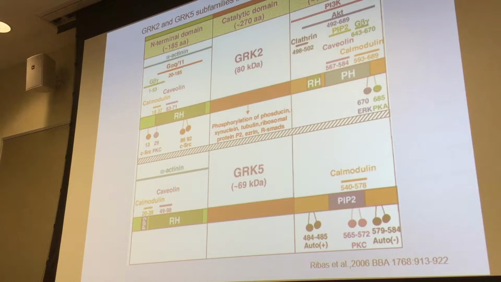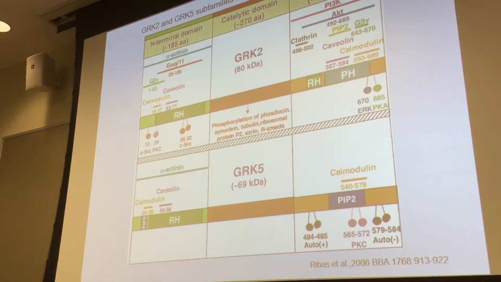So this pretty much lists and compares our GERC2 with the next GERC we're going to look at, which is GERC5. But if we look a little bit here at the domains that are found in the GERCs, we've got a catalytic domain, which constitutes most of the middle. And then we've got the regulation at the N-terminal and the C-terminal domains of the protein.